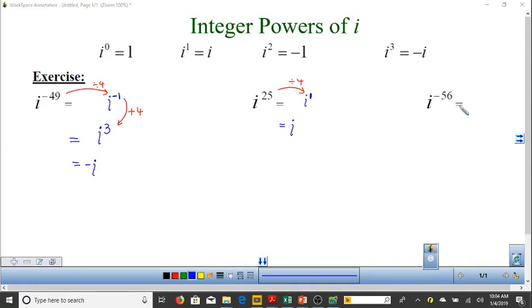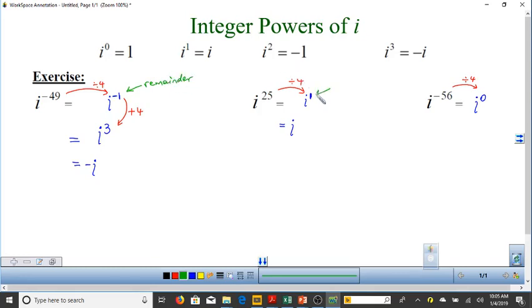Now let's look at the third example, i to the -56. If you divide -56 by 4, you get a remainder of 0 because 56 is a multiple of 4. In the first example, the remainder was -1.